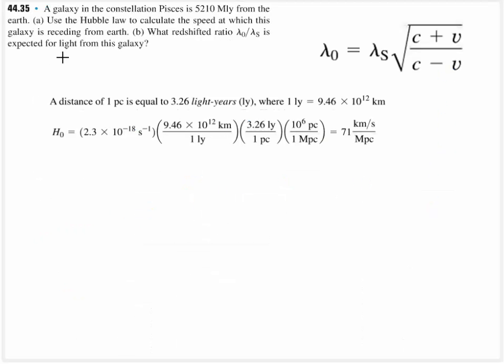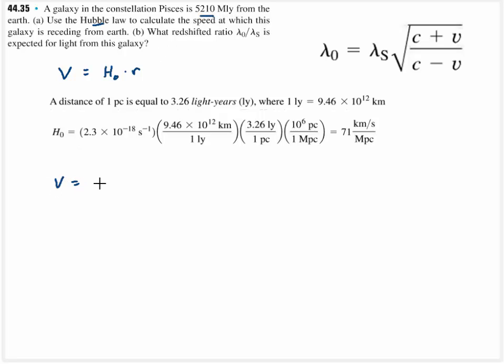And last but not least, let's just use Hubble's law really quickly. The only thing to pay attention to with Hubble's law is the units. Hubble's law says that the speed of a galaxy is related to Hubble's constant multiplied by how far away it is. And here we know what that is, 50 to 10 mega light years. So pretty straightforward.